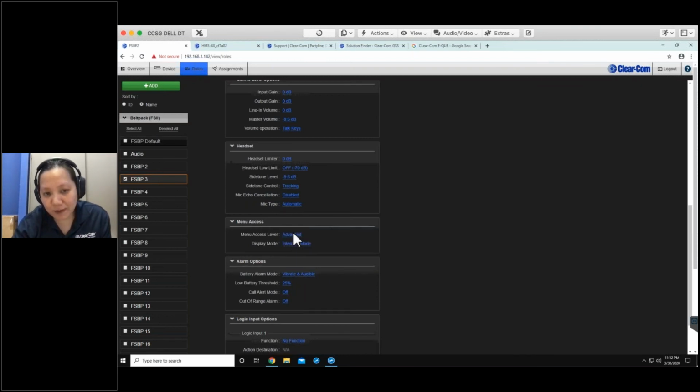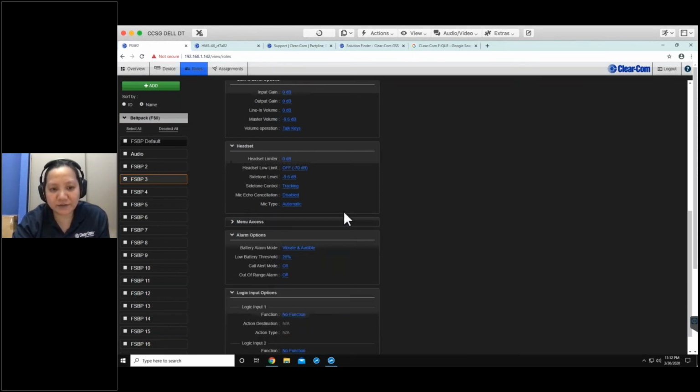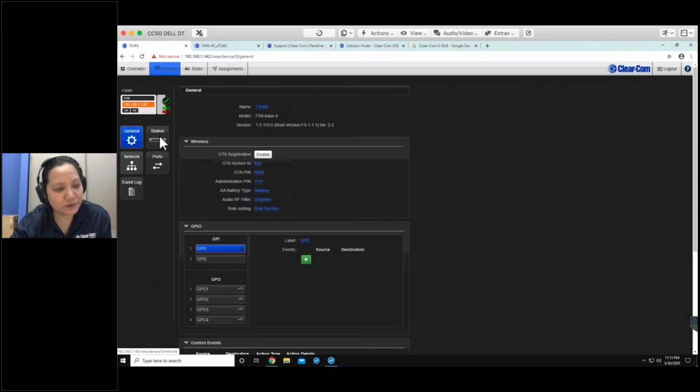With the normal mode, by default, you won't get the site survey on your belt pack unless you go into advanced mode. On the belt pack itself, there's a way to get into advanced mode. If you go into admin options, you could set a key, which is here. By default, it should be 1111. Of course, you could change this.